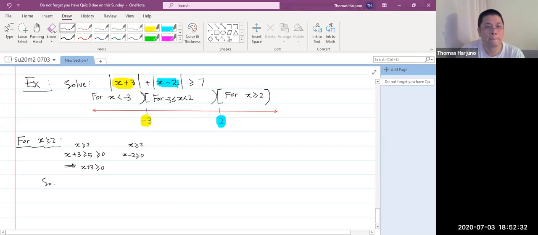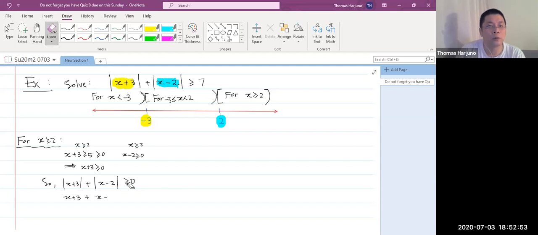So in this interval, x plus 3 is positive and x minus 2 is non-negative, then I can remove the absolute value for x plus 3 and also for x minus 2.